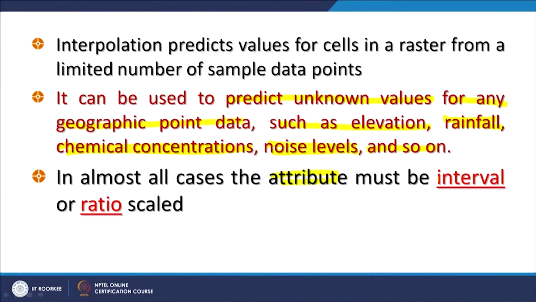So, in almost all cases the attribute here is generally interval or ratio scaled. If you recall the discussion on the types of attributes, we had nominal, interval, ratio and cyclic attributes. That means interpolation cannot be done on all types of attributes. For example, nominal is just a simple name or a category.